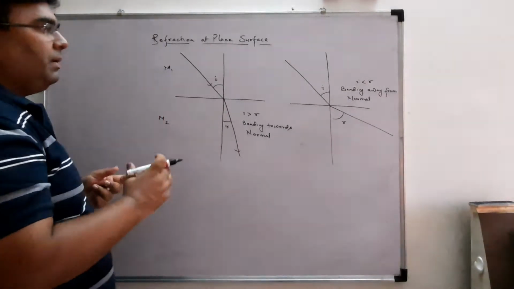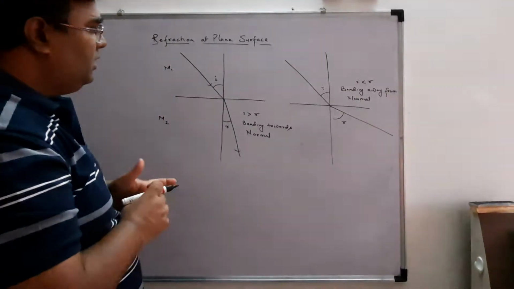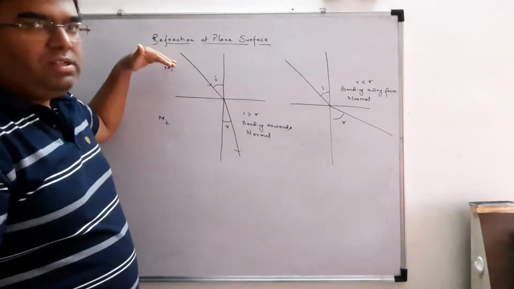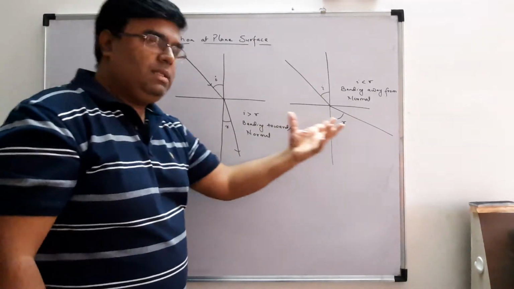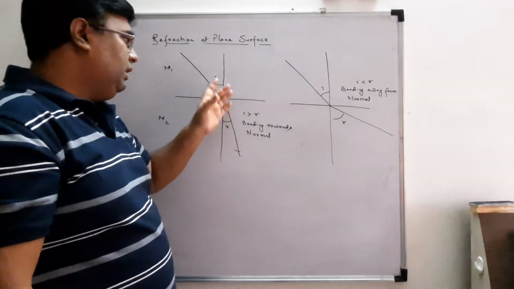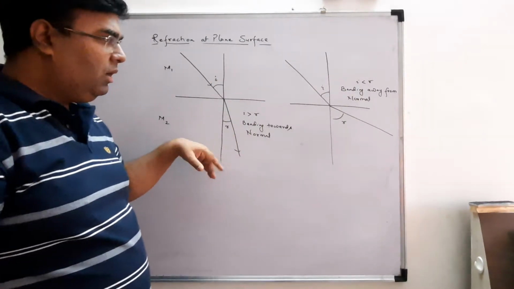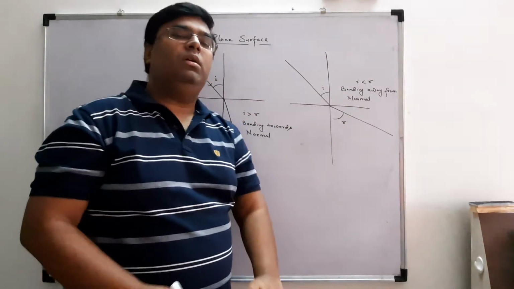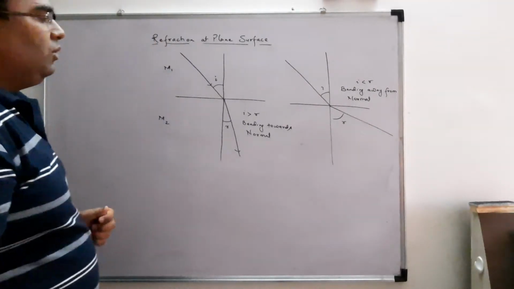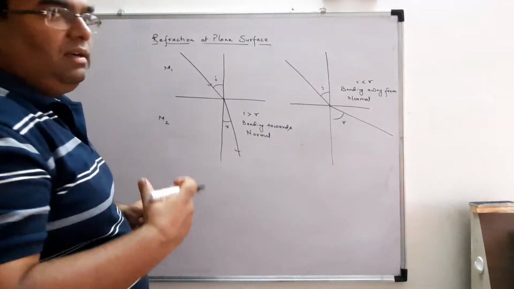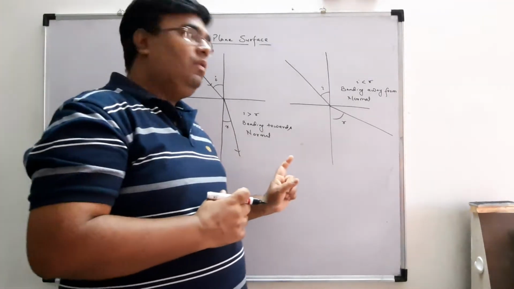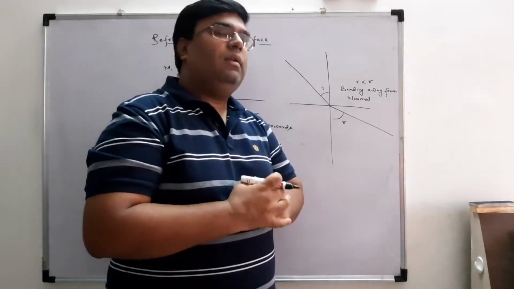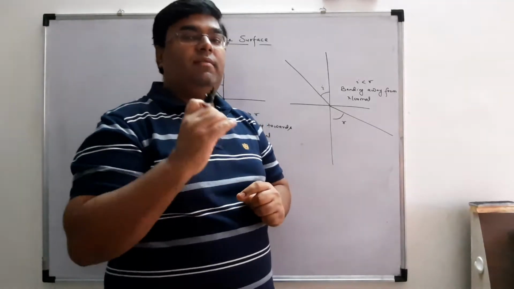So this is known as refraction. What is refraction? When light travels in one medium and enters another medium, two cases can happen. Either it will bend towards the normal or it will bend away from the normal. Now, which thing decides whether it will move towards or away from the normal? That thing is known as refractive index.